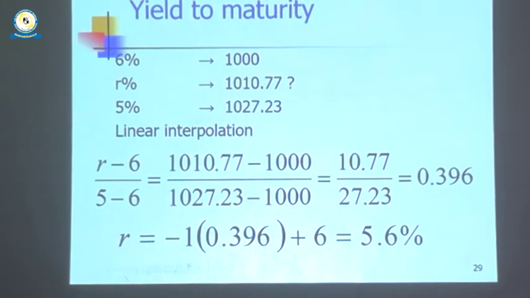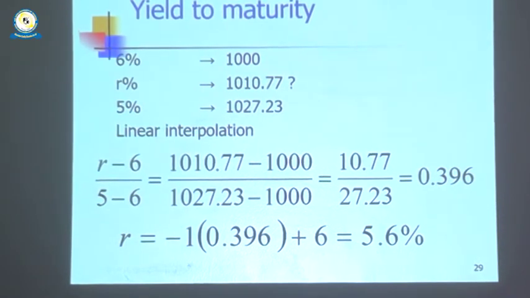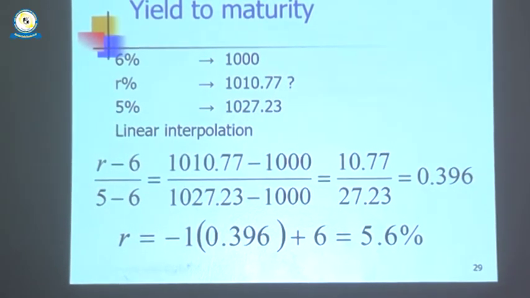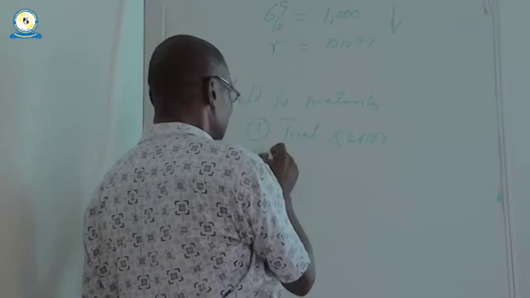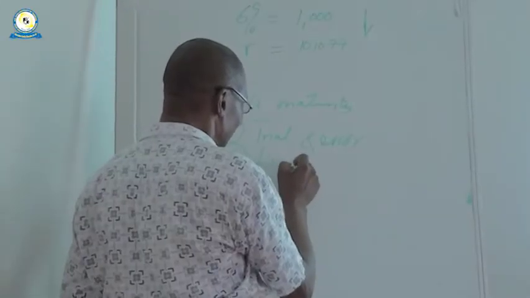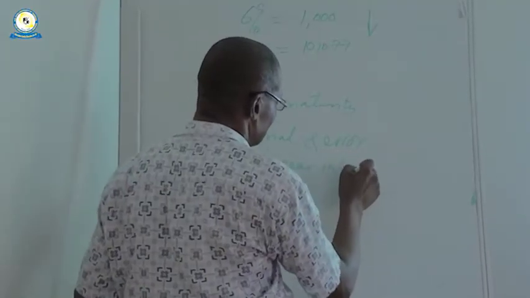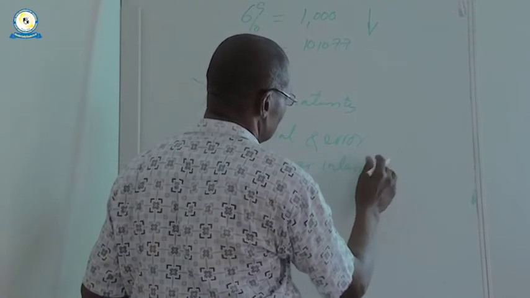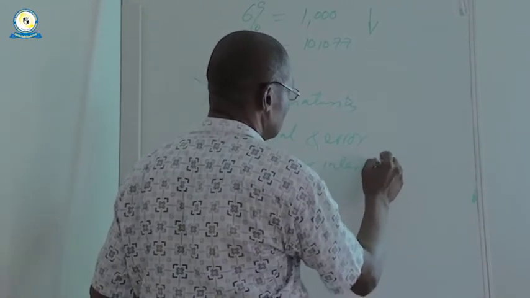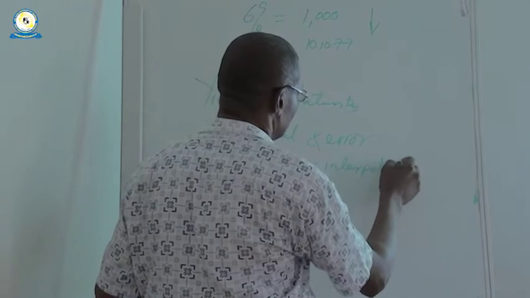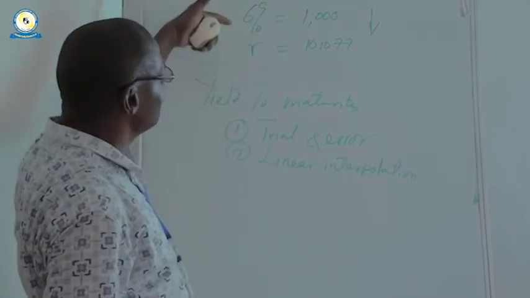So, in solving yield to maturity, the first step is to use trial and error. The second is to use linear interpolation. So we are trying to guess.